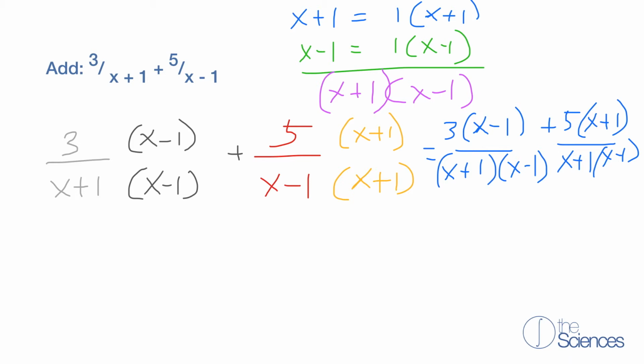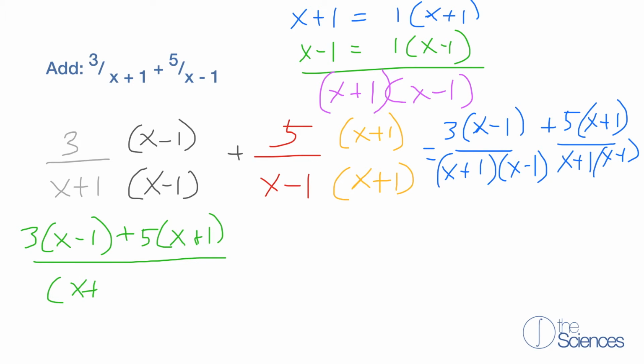So now what we're going to do is add across and list it over our common denominator. So now we have 3(x minus 1) plus 5(x plus 1) over (x plus 1)(x minus 1).